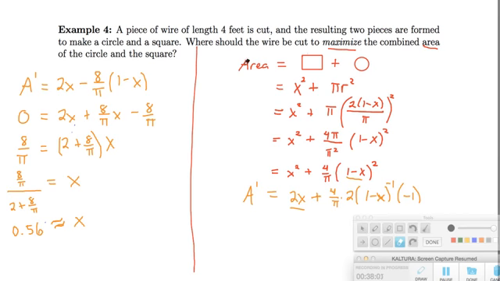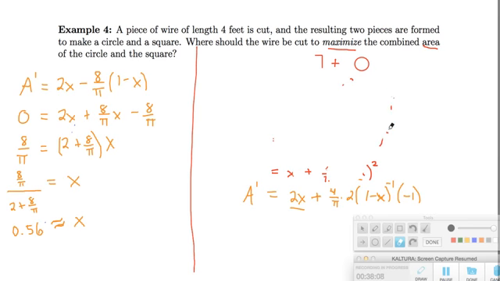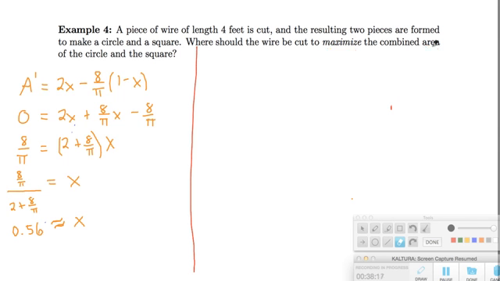Remember, the second derivative test only works if you can actually prove that the second derivative is always negative or always positive in the interval. So instead of checking the second derivative, I'm going to check the endpoints this time.